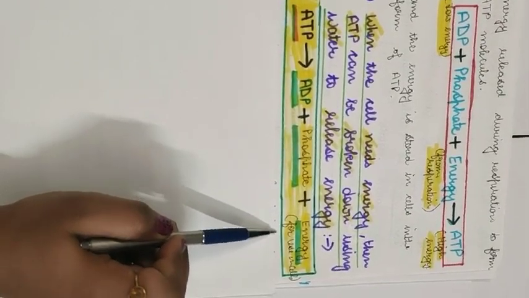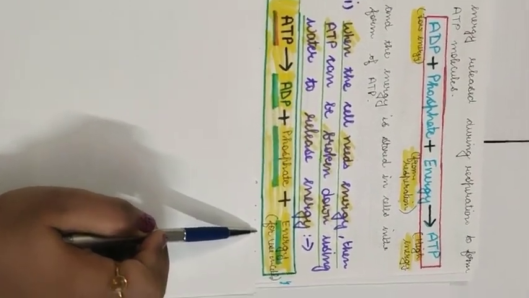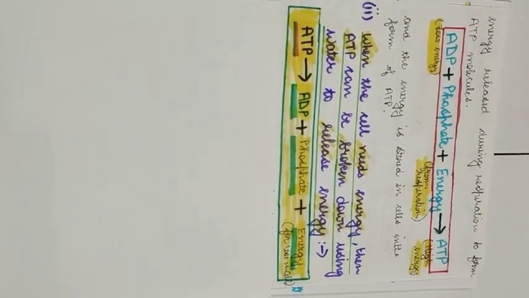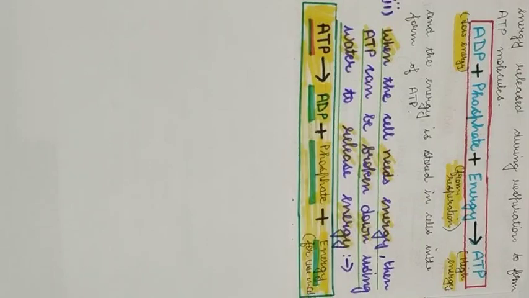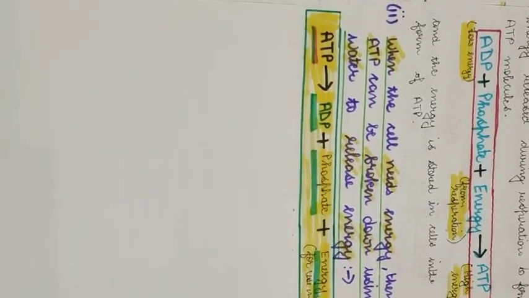This energy is calculated in kilojoules and is released by ATP, and ATP is also responsible for carrying out all the endothermic processes, which absorb energy in the form of heat or any other form. So this is supplied by this ATP.